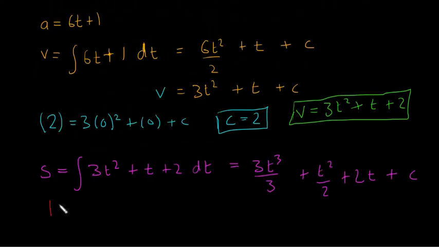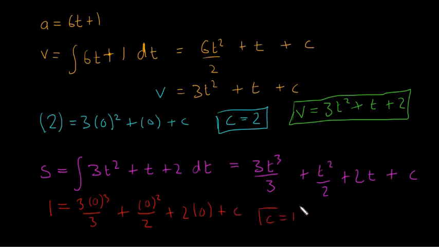So displacement is equal to 1 when all the times here are equal to 0. So that means that's going to be 3 by 0 cubed over 3 plus 0 squared over 2 plus 2 multiplied by 0 plus c. So basically that c is equal to 1. That all good, yeah? Yes, we have c is equal to 1.